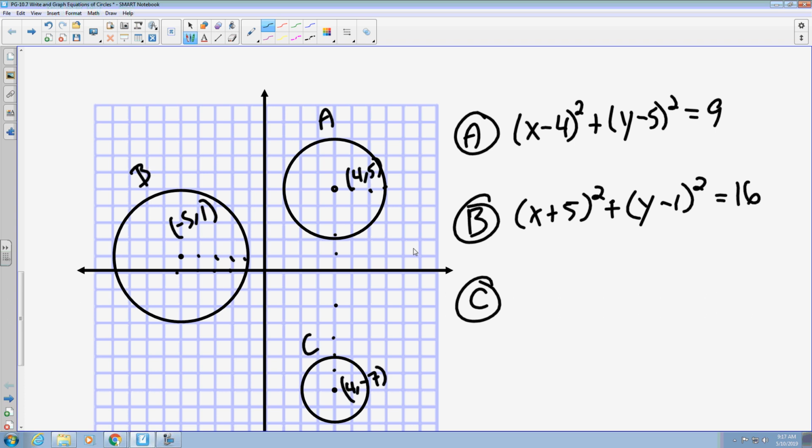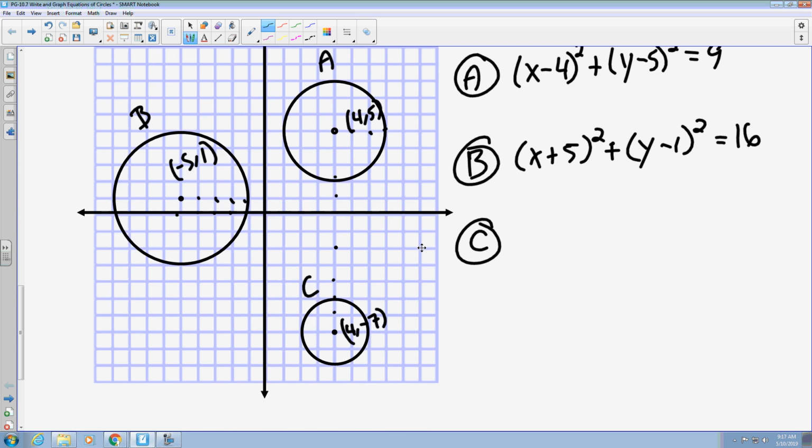To find our equation for circle C, it's going to be x minus 4 quantity squared plus y plus 7 quantity squared is equal to 1, 2. 2 squared is 4, and so that is my equation of those circles.